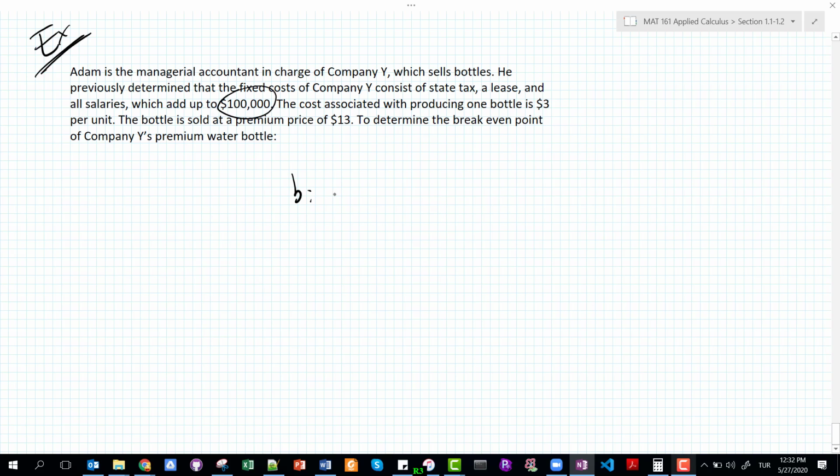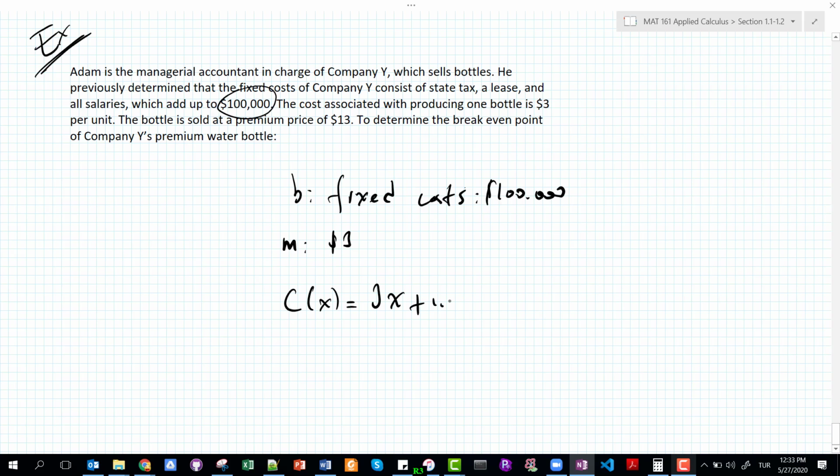Look at that: b, the fixed cost, is equal to $100,000. Also, the marginal cost, the cost per unit, is $3. If this information is given to me, I can calculate the cost function. Since we assume it is a linear function, this is going to be my cost function, as you know.